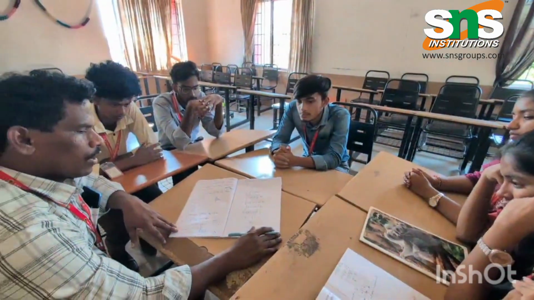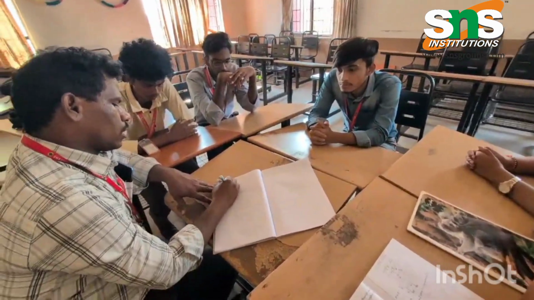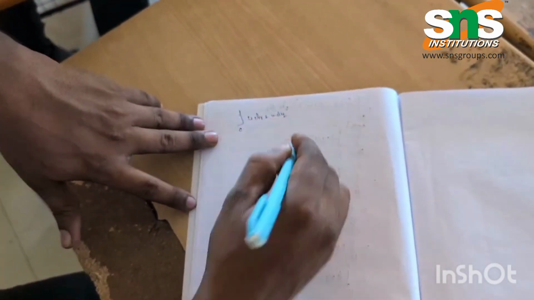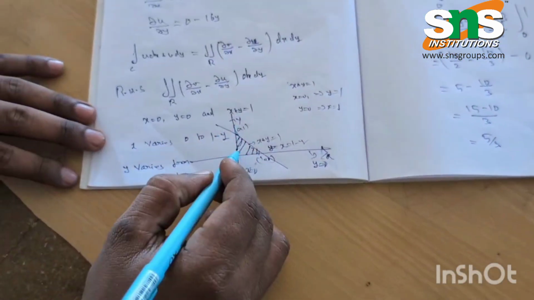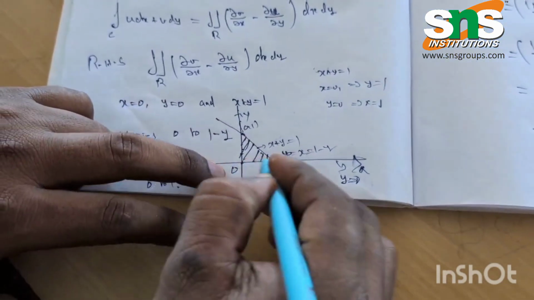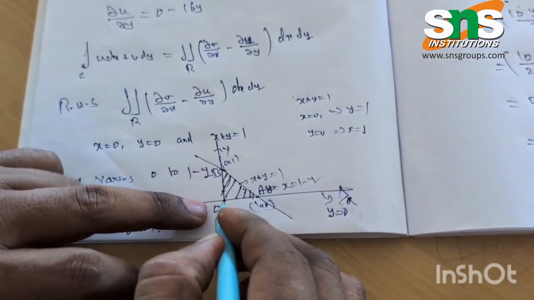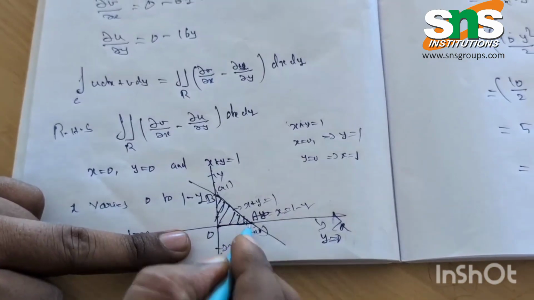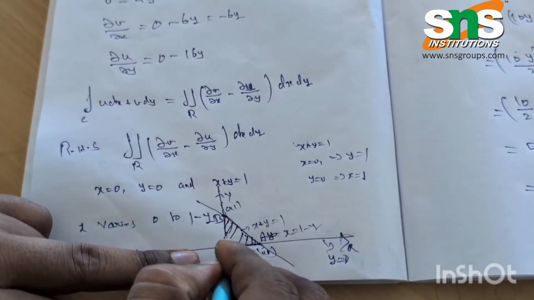Next we find the value of the right hand side. The right hand side is the integral over C of u dx plus v dy. By the statement of Green's theorem, this area is equal to the sum over the lines. Let this point be O, this point A, this point B. It is the sum over the line OA, the line AB and the line BO.